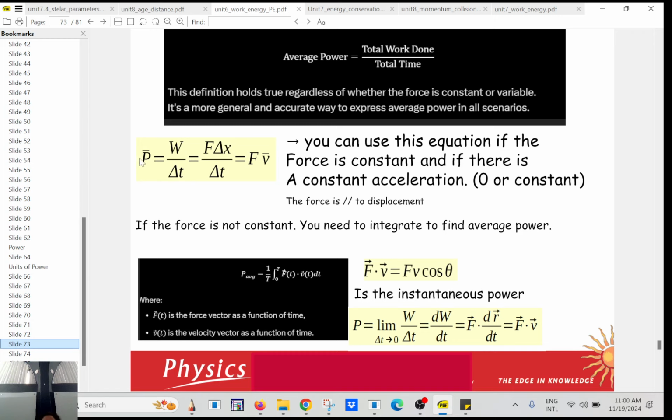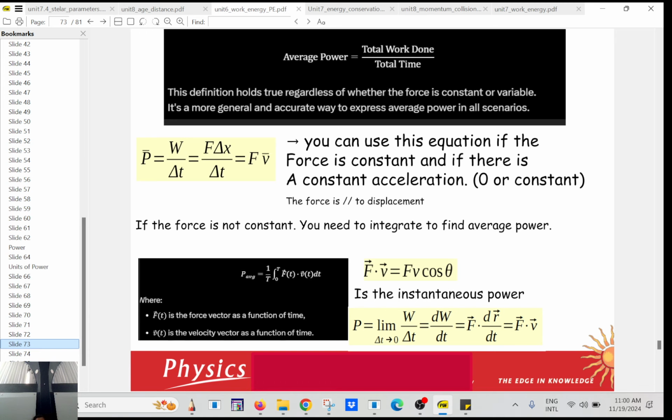So average power, okay? Now you have a different way to do it, and that's what you're going to need for the test, for example, but we already saw that. If it's average power, you see, if the force is constant, so it means if you have a constant acceleration, so the force is constant, the work done is force times displacement.